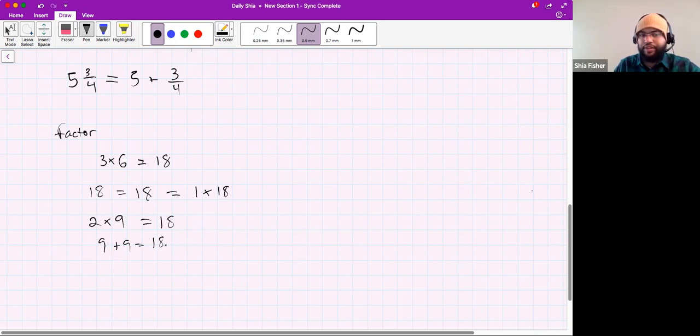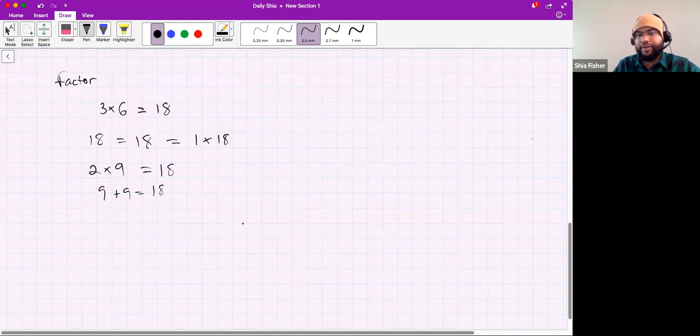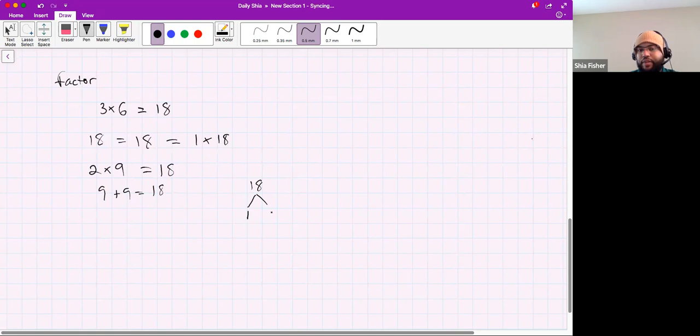But what if I also said, what are more factors of 18? Now you could also say, well, 2 and 9 are factors of 18. I've seen this done in a lot of ways, but I'm going to use sort of like making a tree, where I start from 18 here. And you don't have to go in order, but I think it makes sense to start with 1, because it turns out that 1 is a factor of any number.